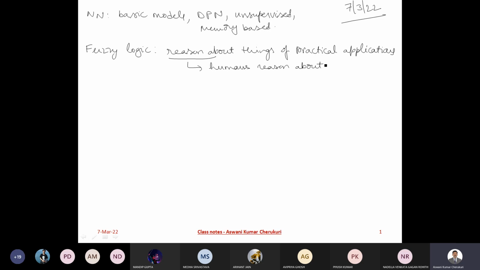I'll just give you one diagram. When I say that humans reason about it, have a look at this particular diagram and tell me. Imagine there is a scenario like this.